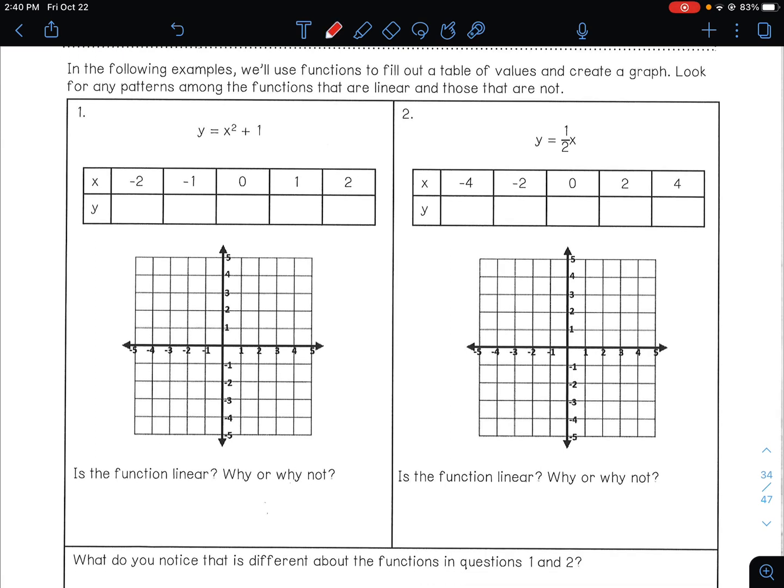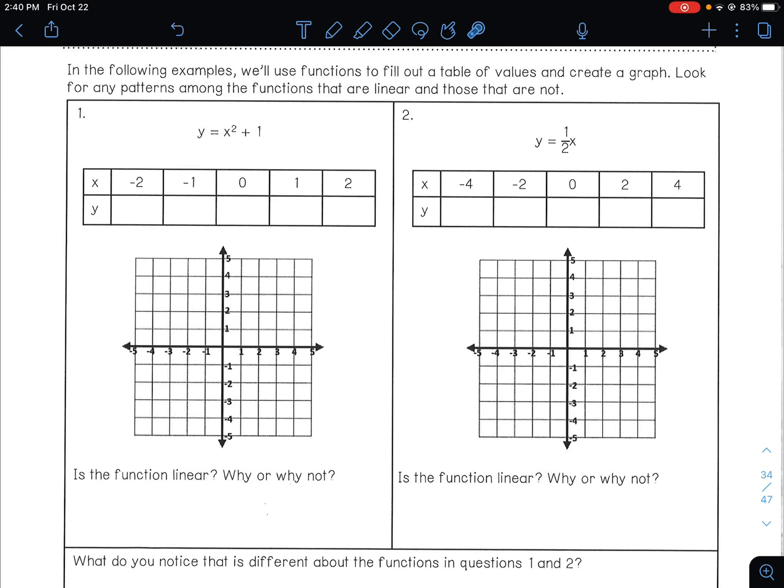They've given us an equation and a table to fill out. If x is -2, what does y equal? I'm going to start with 0 first. If x is 0, then 0 squared plus 1 equals 1. If x is 1, that's 1 times 1, which is 1, plus 1, which is 2.